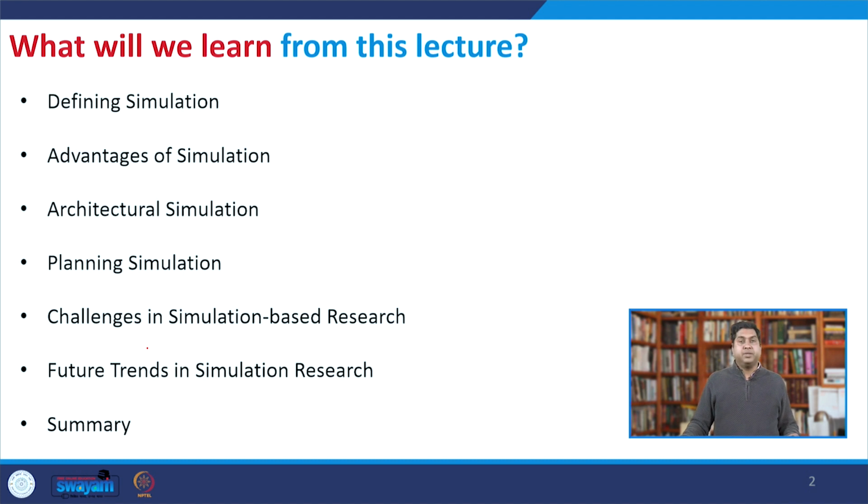Then we'll discuss simulation in architectural research, and the application of simulation in planning research. Along with that, we'll discuss different challenges in simulation based research, and at the age of AI and ML, the future trends in simulation research, and finally we'll summarize our understanding of this lecture.